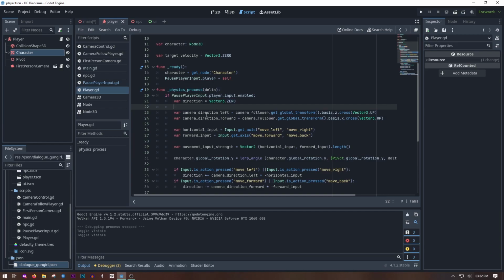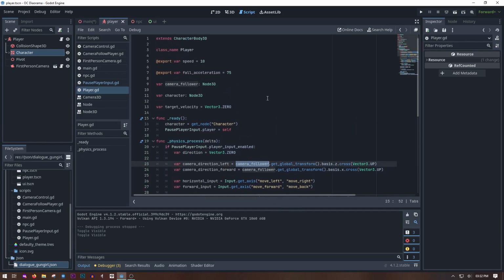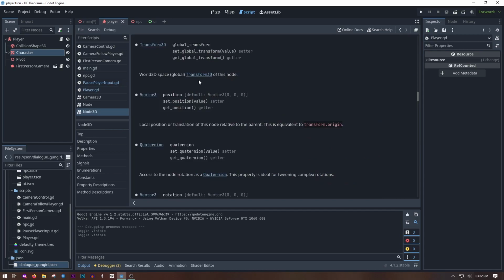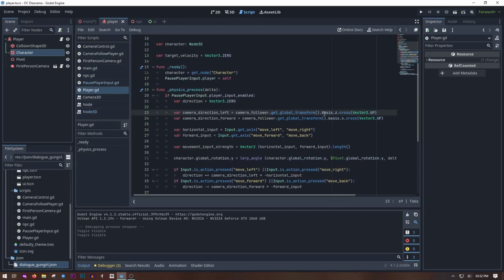So camera direction left equals camera follower, and we got camera, no, we got camera followers node 3D. Camera direction left, camera follower, get global transform, basis Z cross vector 3 up.